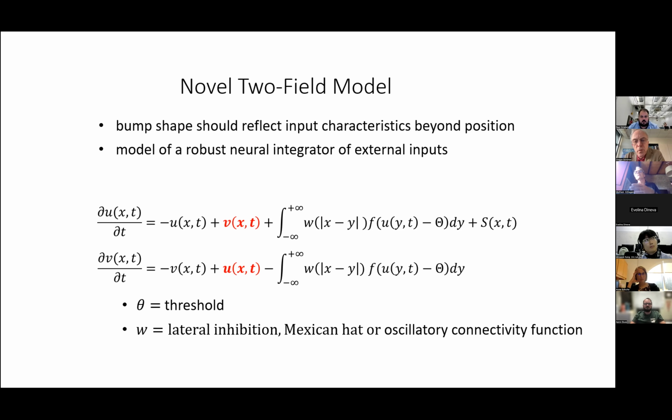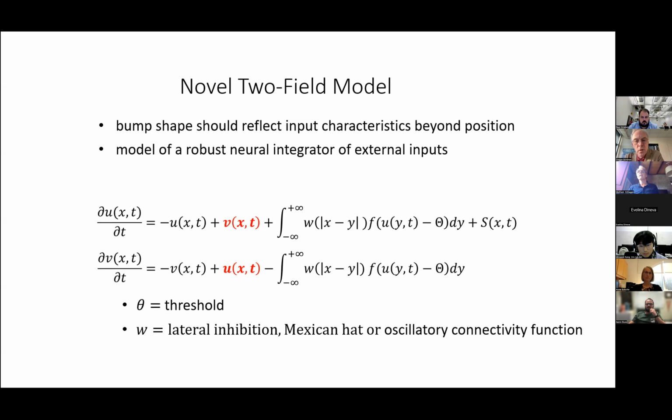What confuses me, though, is that I'm ignoring the red terms, right? And if I look at that, it looks like U is exciting V, but V is not coupling into U at all. There doesn't seem to be any V term in the U equation, except for the red terms, right?